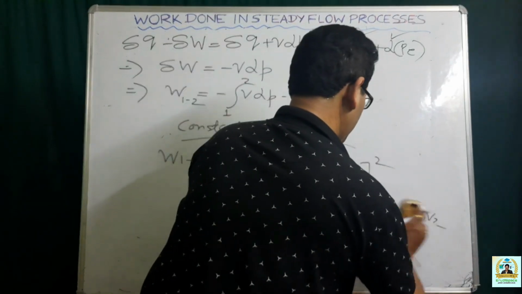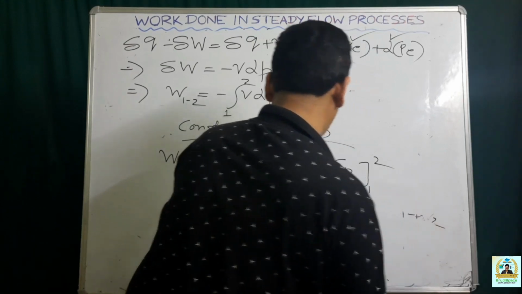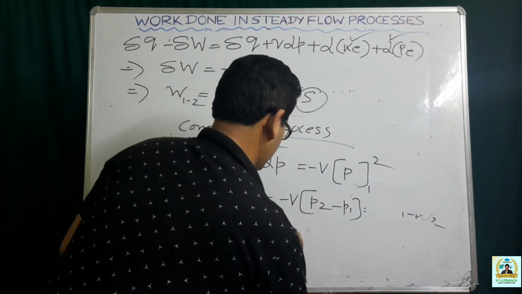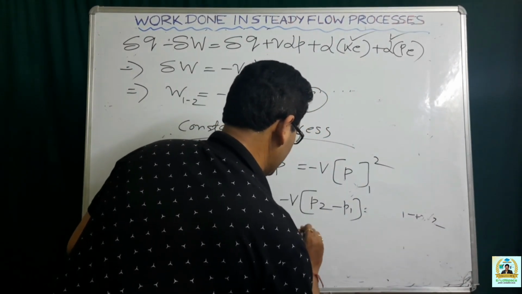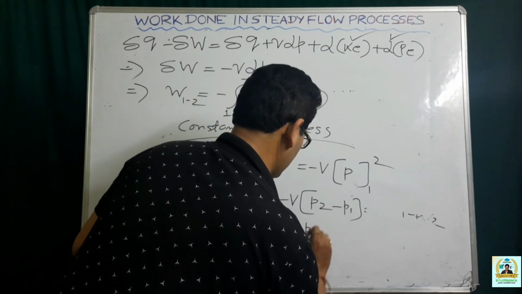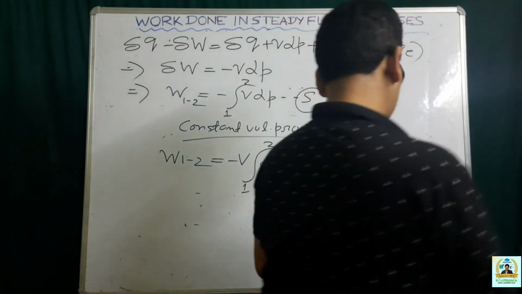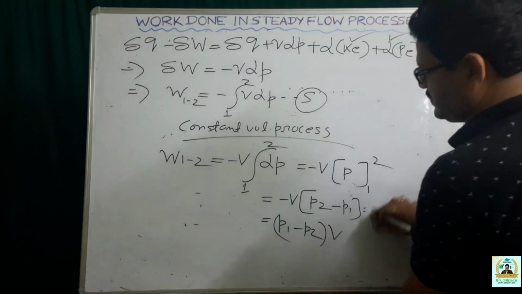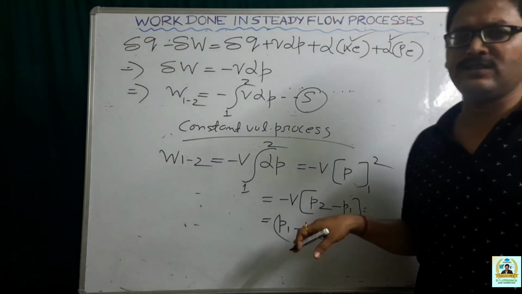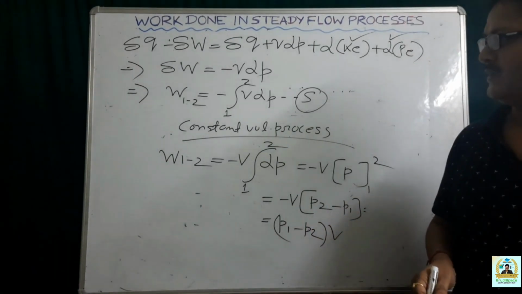You may simply represent this as P1 minus P2 into V, because V is constant in both the cases. So this is for a constant volume process.